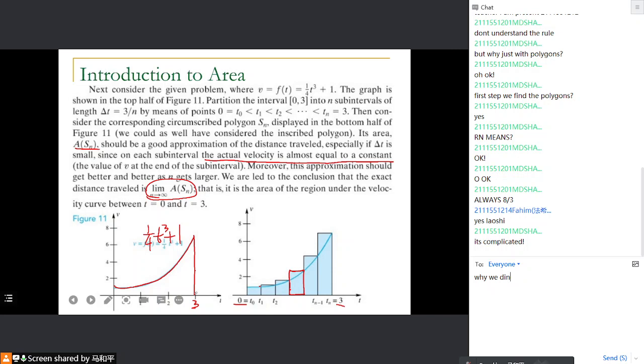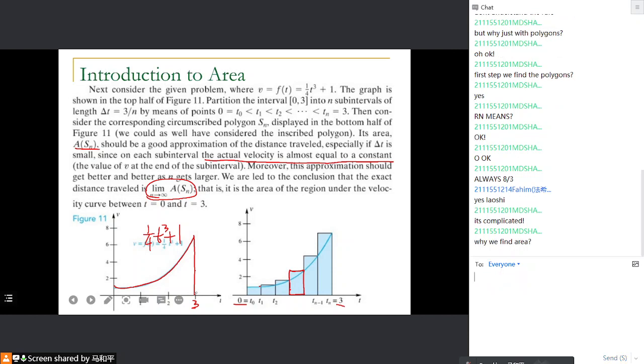I just explain the reason, but we don't use this method to calculate it. We are led to the conclusion that the exact distance traveled is this one, the limit of S_n. It's also why we find area.